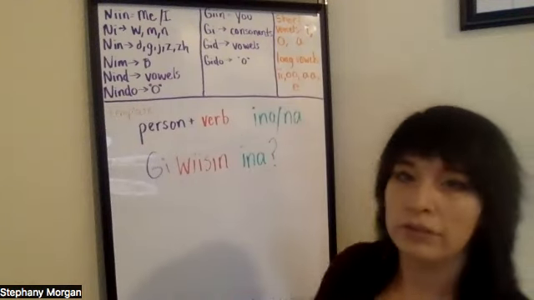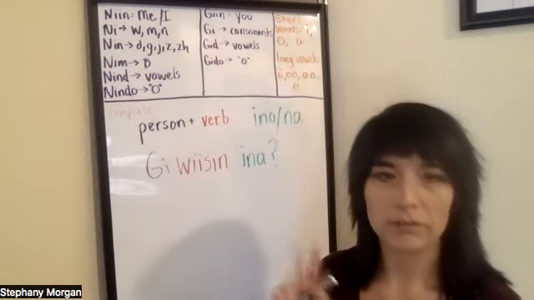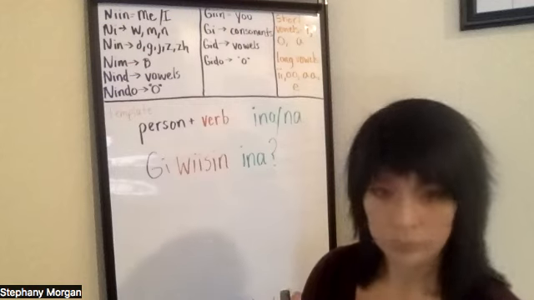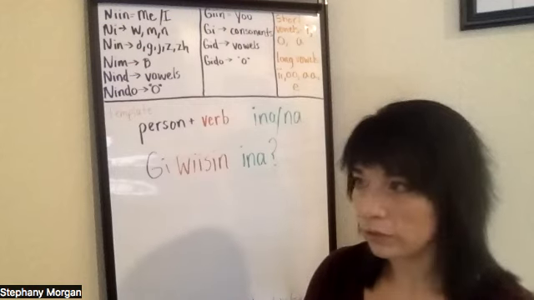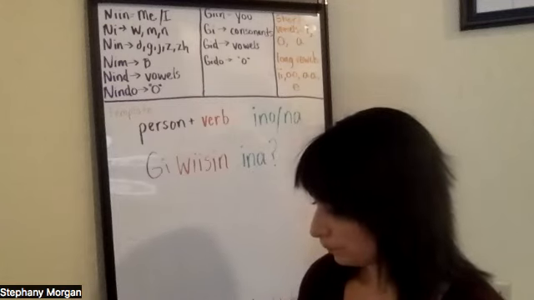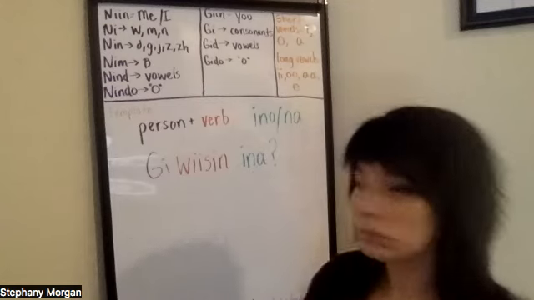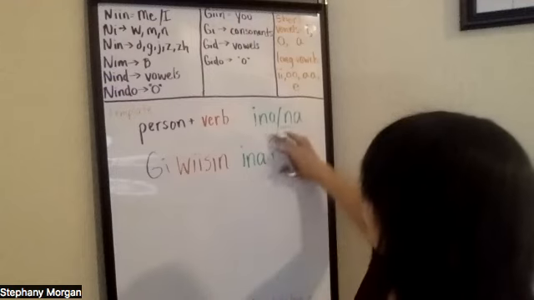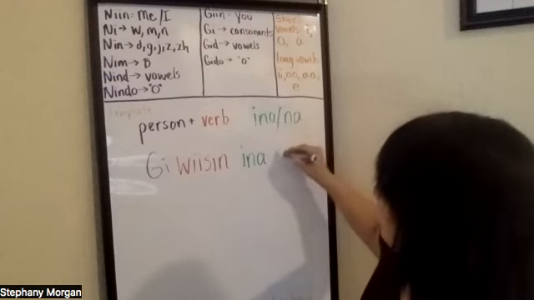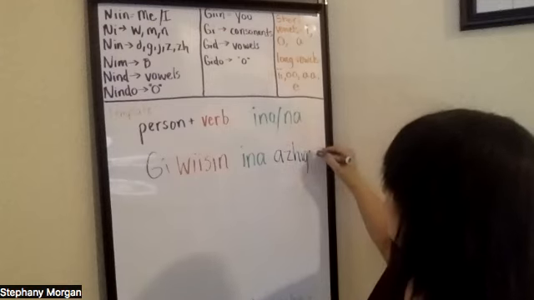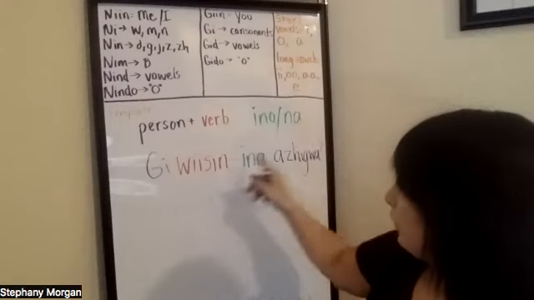Inna always comes second in the sentence. So if you were to say, are you eating right now? Our word for right now is jigwa. You would say gewisininna jigwa.